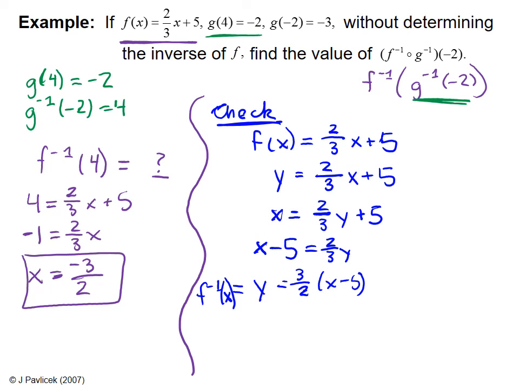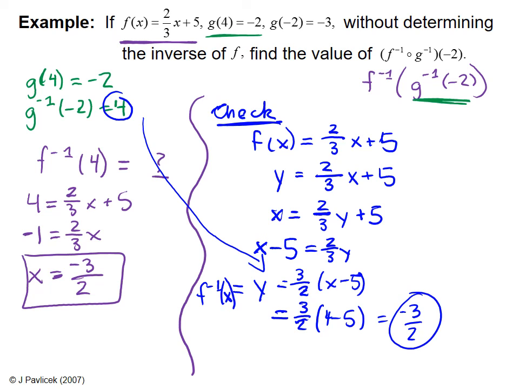Okay, once you have that function, then you can just plug in this 4 from up here. Remember that came from the inside. If you plug that in to your f inverse, you should get that -3/2 back out, and indeed you do, because you get 3/2 times 4 minus 5, so you get negative 3 over 2, and there it is again.